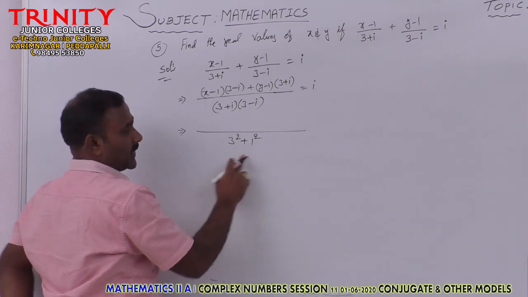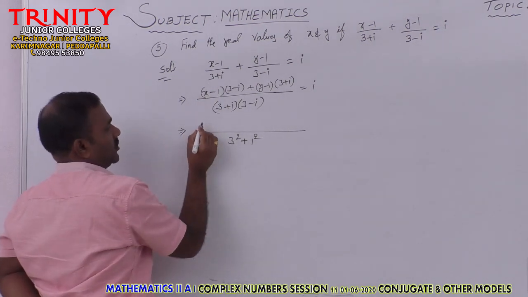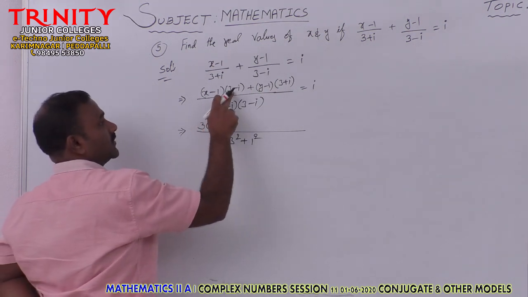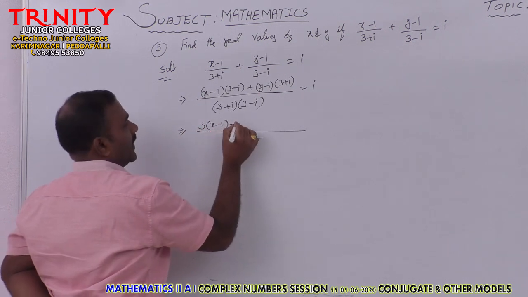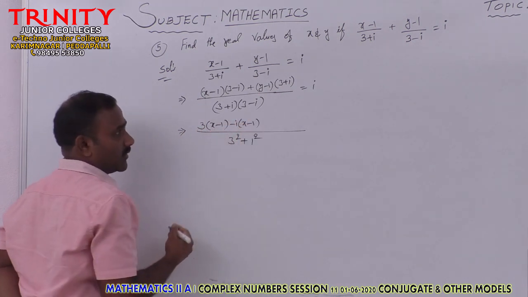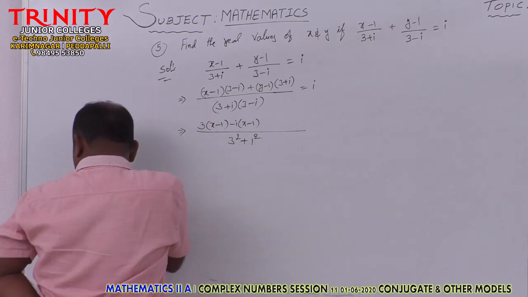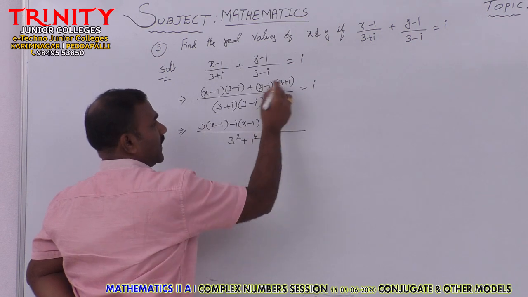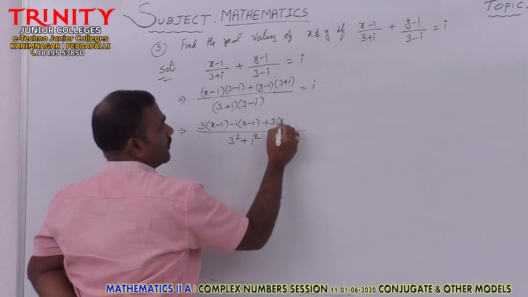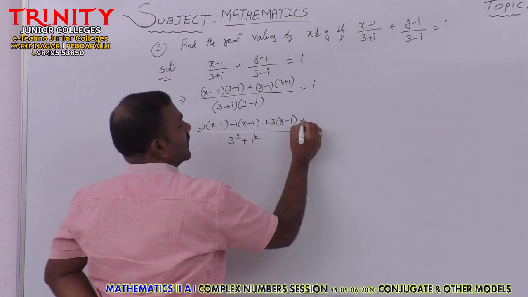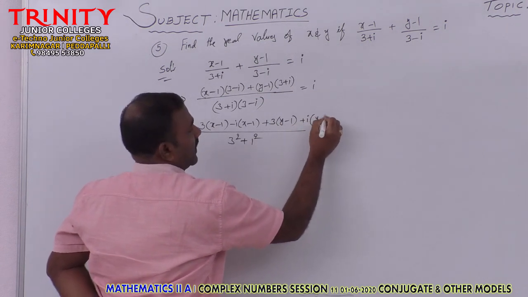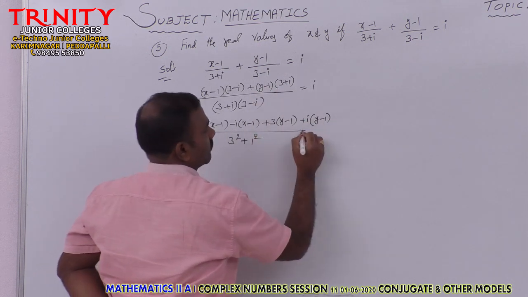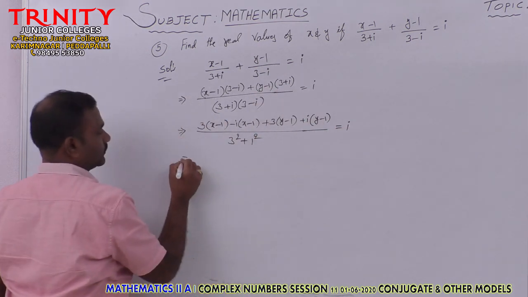Now multiplication: 3 into (x minus 1) minus i into (x minus 1), plus again 3 into (y minus 1) plus i of (y minus 1), is equal to i.